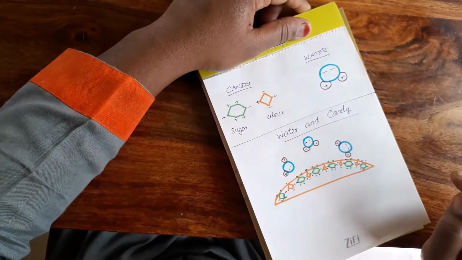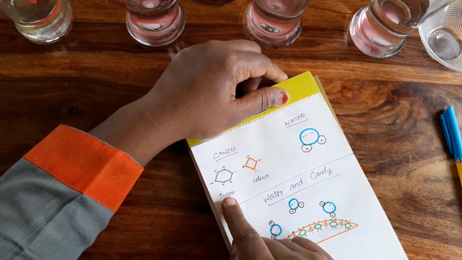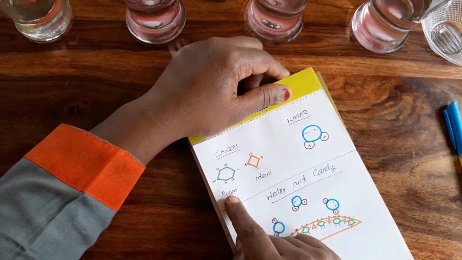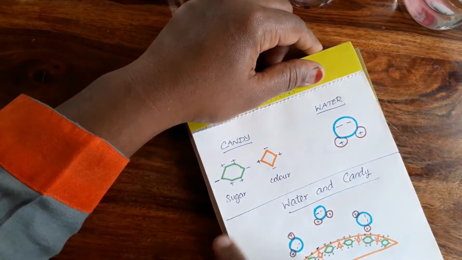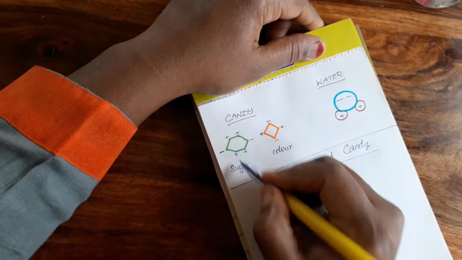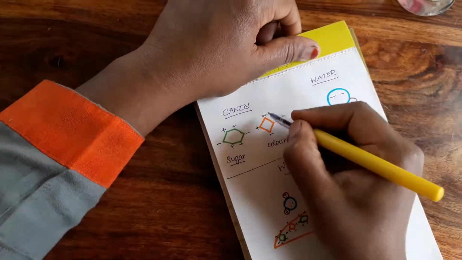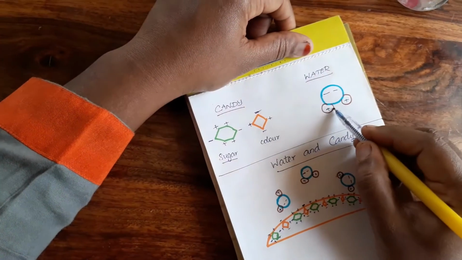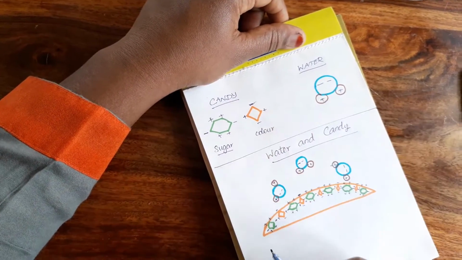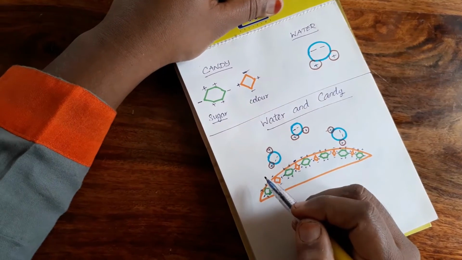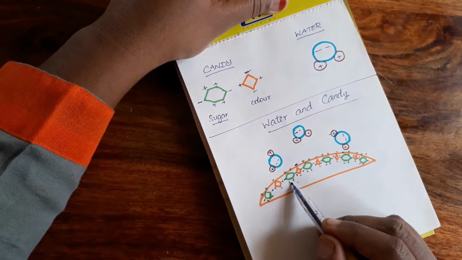Here, this candy has sugar and coloring. Both the sugar and coloring have positive areas and negative areas on them. Both have positive and negative charges. Water molecules also have positive and negative charges. So, when the water molecules meet the candy, they begin to interact.